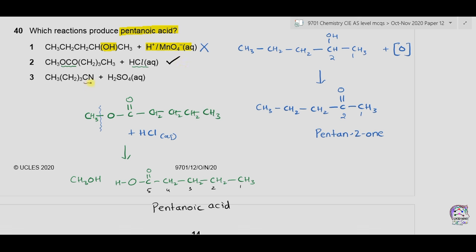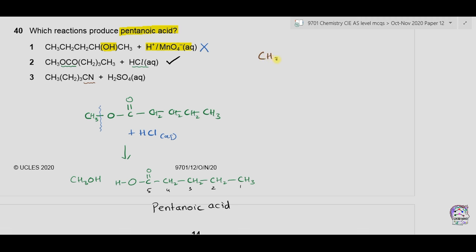In option 3 we have nitrile compound which reacts with sulfuric acid aqueous, so acid hydrolysis will occur of nitrile. So it is also converted into carboxylic acid along with ammonium salt. The reaction can be shown like this. We have CH3, then 3 times we have CH2, then carbon triple bonded with nitrogen. Upon acid hydrolysis, in the presence of sulfuric acid, carbon nitrogen bond is broken and carboxylic acid is formed.